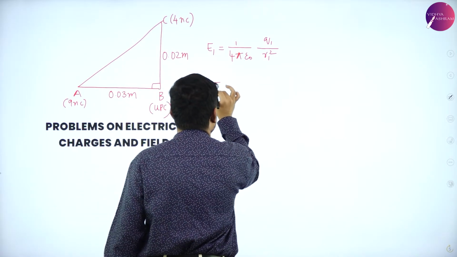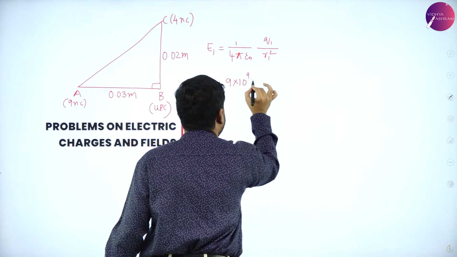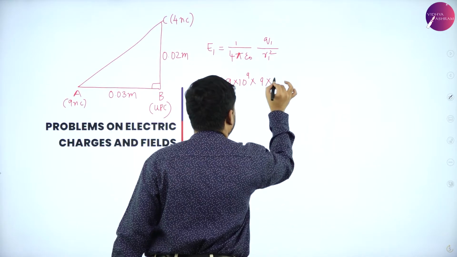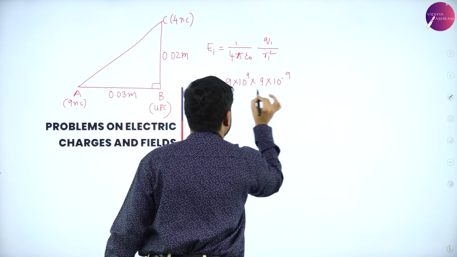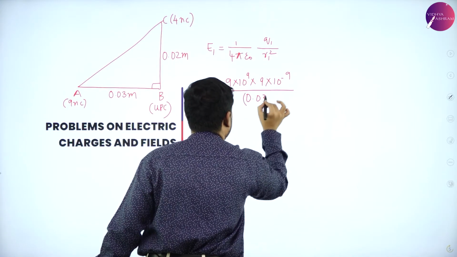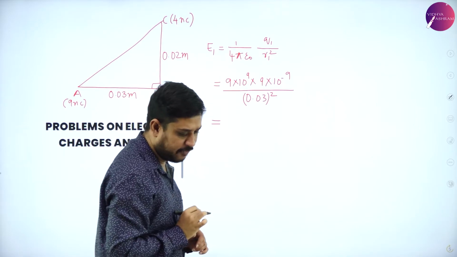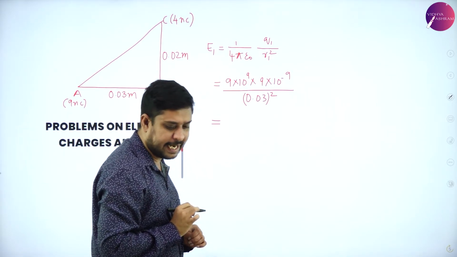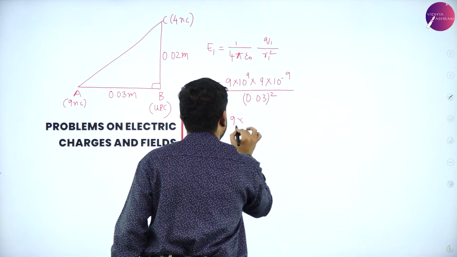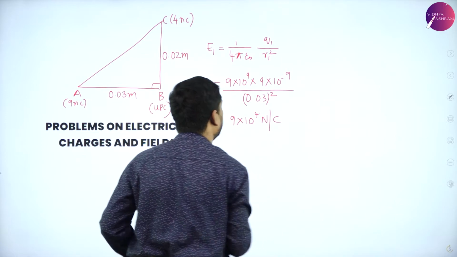Again on substitution, 10 power 9, 9 nanocoulomb, by 0.03 whole square. So effectively, it again turns out to be 9 into 10 power 4 Newton per coulomb.